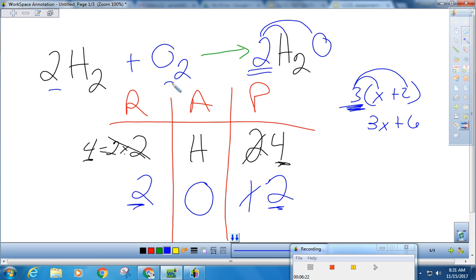So 2 hydrogen molecules plus 1 oxygen molecule will give me 2 water molecules. This is the minimum needed in order for the reaction to take place. I have to have this many reactants, and I will produce this many products. Does that make sense? Yes, no? Maybe so? Okay.